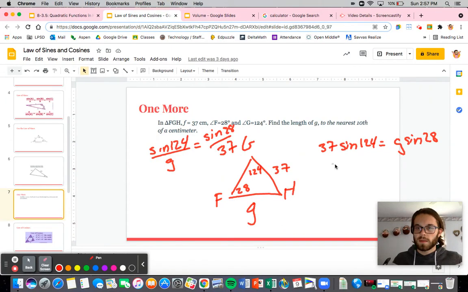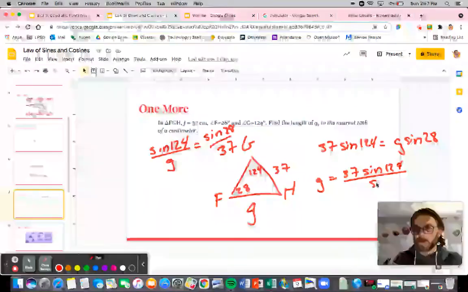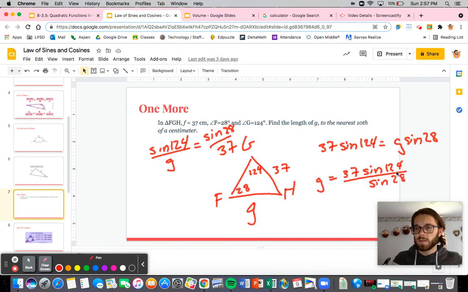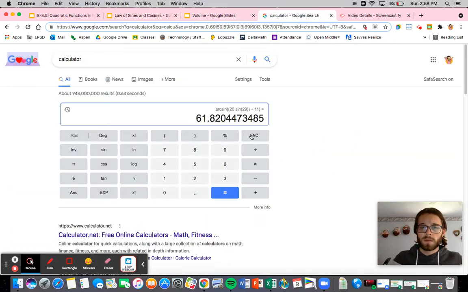All right. I'm going to divide, so I get G equals 37 sine 124 over sine of 28. All right, so 37 sine of 124 divided by sine of 28.